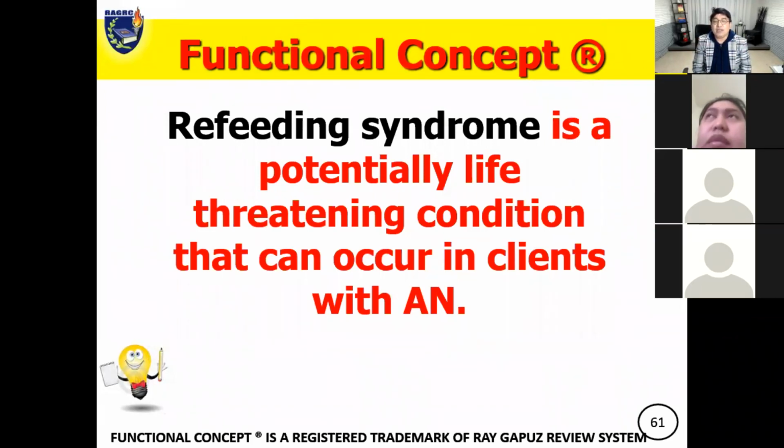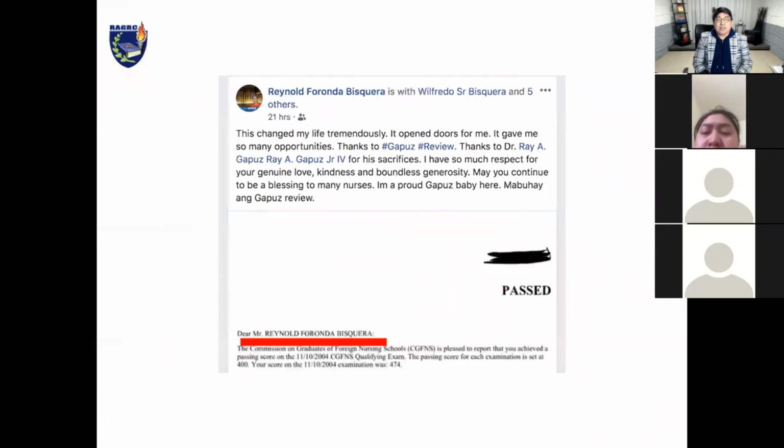So eventually, when refeeding syndrome occurs, there's an imbalance in the fluids and electrolyte levels of the patient, and this could be potentially fatal, okay? This is brought about by metabolic and hormonal changes brought about by malnutrition and starvation.